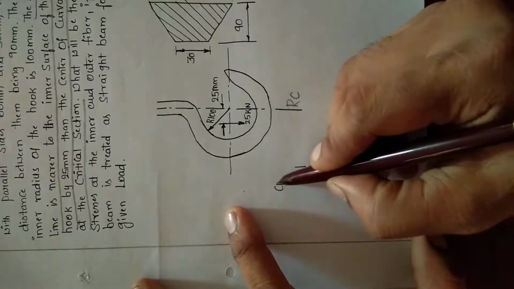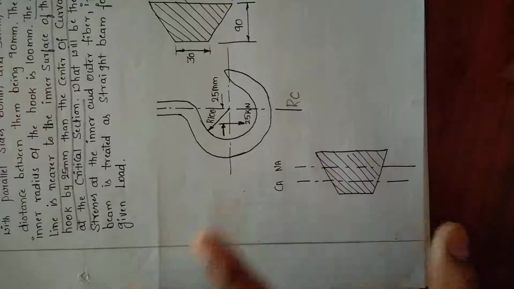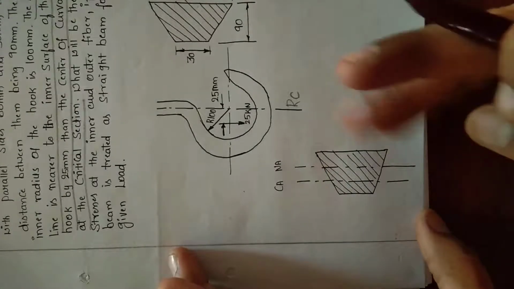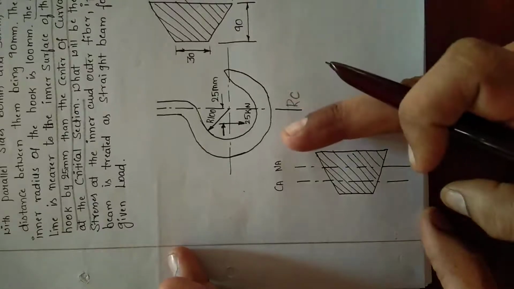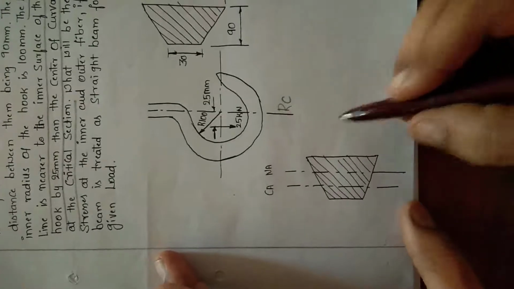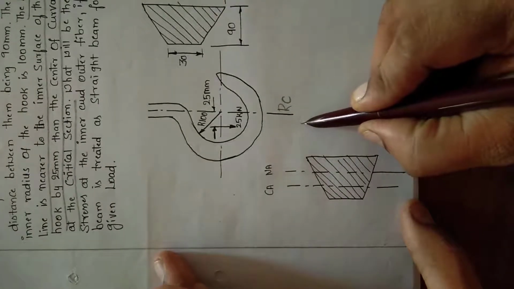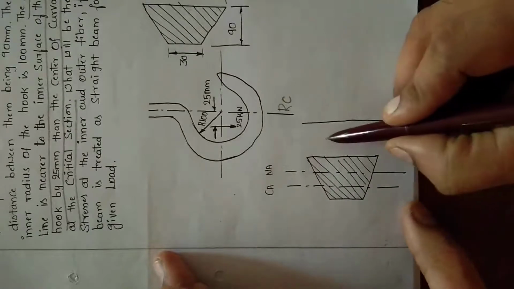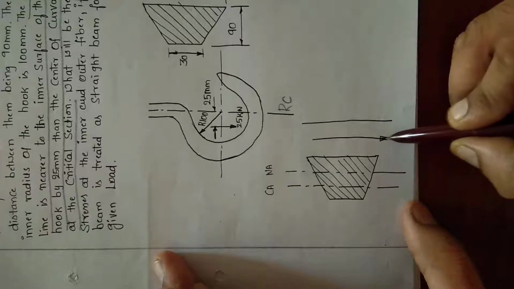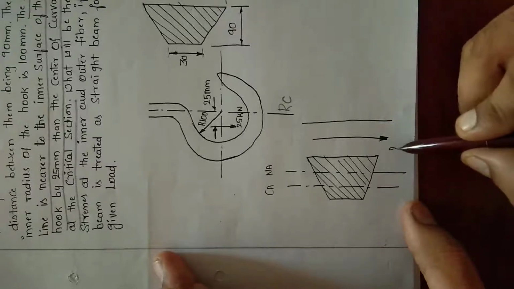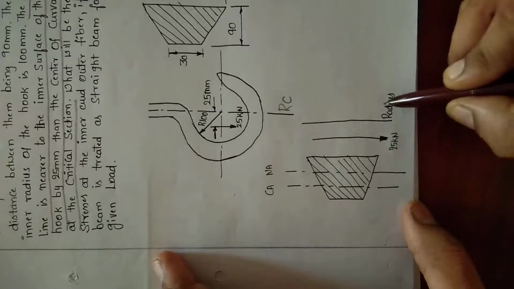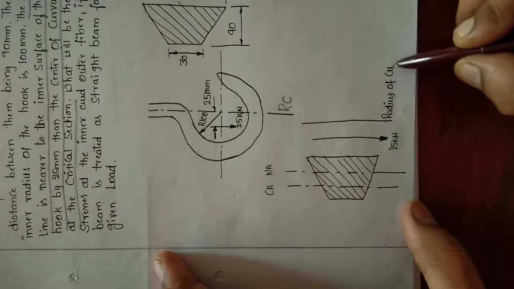Now I need to draw two lines, the radius of curvature and the application of load. In the previous problem both were on the same line, but in this case both are different. So here is my radius of curvature line and here is my load, 25 kilonewton.